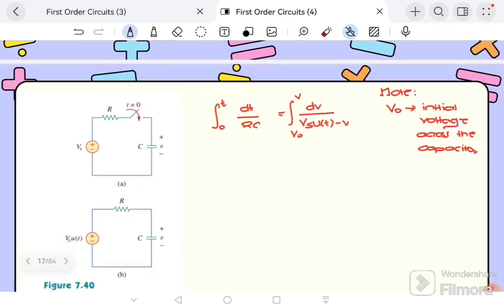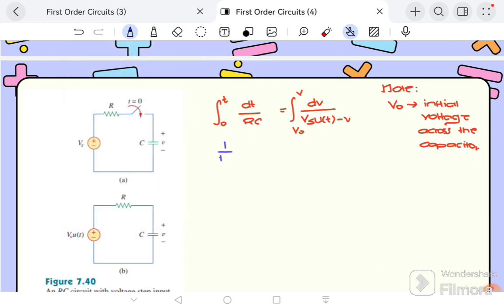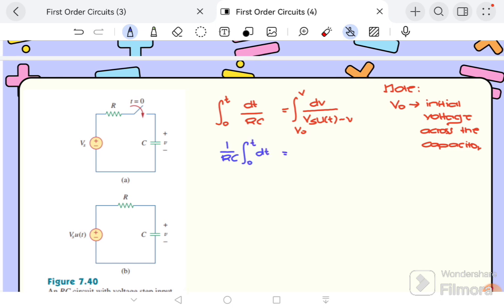Okay, so the integral of dt over RC is 1 over RC, since 1 over RC is constant. The integral of dt is taken from 0 to t. Take note, u of t has a value of 1 for t greater than 0.